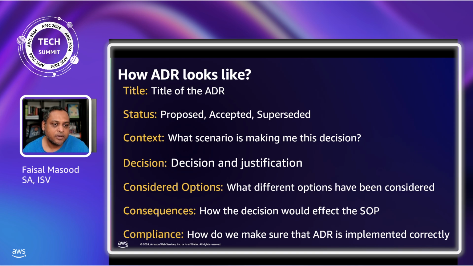It's not about enforcing, it's about making sure that we are not making mistakes during the process, and the decision is implemented in the right manner. Other than that, there are some metadata fields like the ID of the ADR and related ADR fields, like what other ADRs it depends on, and you will see that in the remaining section of this presentation.